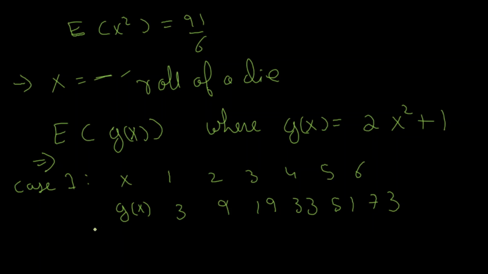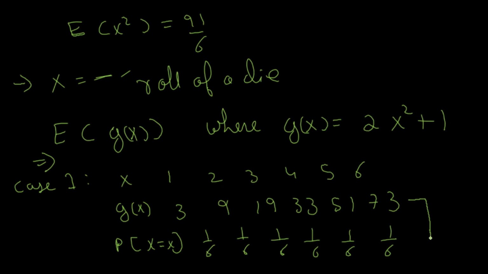Okay. And we also know that the probability associated with this will again be the same, because we are here calculating the probability of x and not of x square or G(x) or 2x square plus 1. But while calculating expectation, I'll multiply G(x) with its probability.